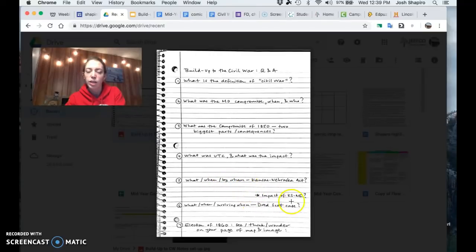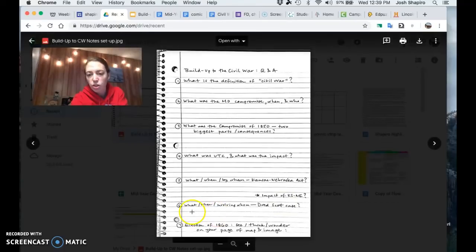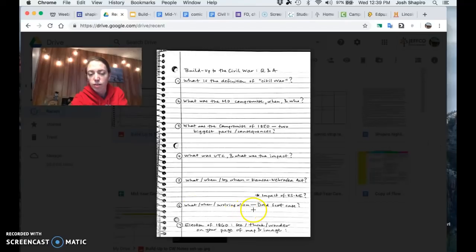And then another thing I need to know about that's really important is what was the impact of the Kansas-Nebraska Act? Question 6, what, when, and involving whom? The Dred Scott case. Okay, so what was the Dred Scott case? When did it happen? And who did it involve? More than just Dred Scott.